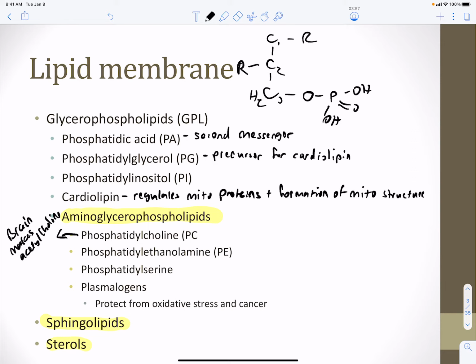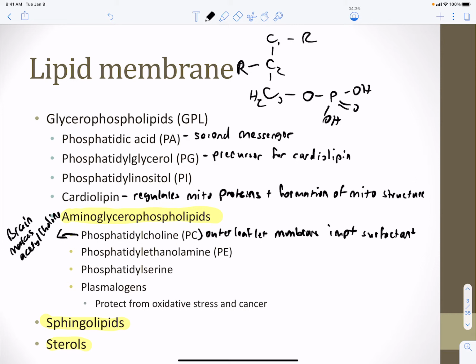It's going to be very important with pulmonary surfactant, and it's going to be found mostly on the outer leaflet. Because it's on the outer leaflet, it's going to be involved in membrane-mediated cell signaling. Importantly, this phosphatidylcholine can also be transported between cell membranes, and it has a phosphatidylcholine transfer protein that does this.